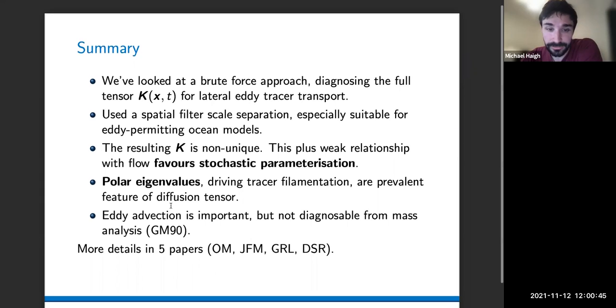We've also found that the eddy advection is just as important as the eddy diffusion, but it may not be diagnosable from mass analysis. If anyone would like any more details on any of the results that I've spoken about today, our results are spread across a handful of papers. A couple in Ocean Modelling, one in JFM, one in Geophysical Research Letters, and one in Deep-Sea Research as well. Thank you everyone for listening.